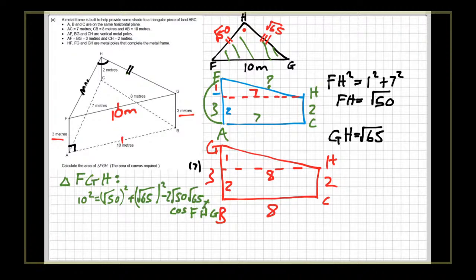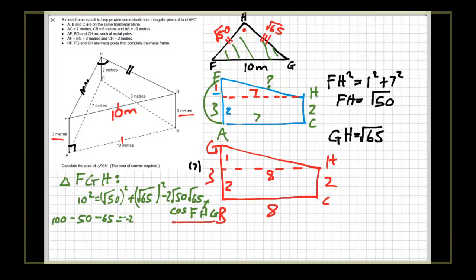And all I'm going to do now is solve for cos of FHG. So I'm going to take the 10 squared, which is 100, minus root 50 squared, which is 50, minus root 65 squared, which is 65, equal to negative 2 root 50 root 65 cos of FHG. Oh, seems like I am running out of space here.